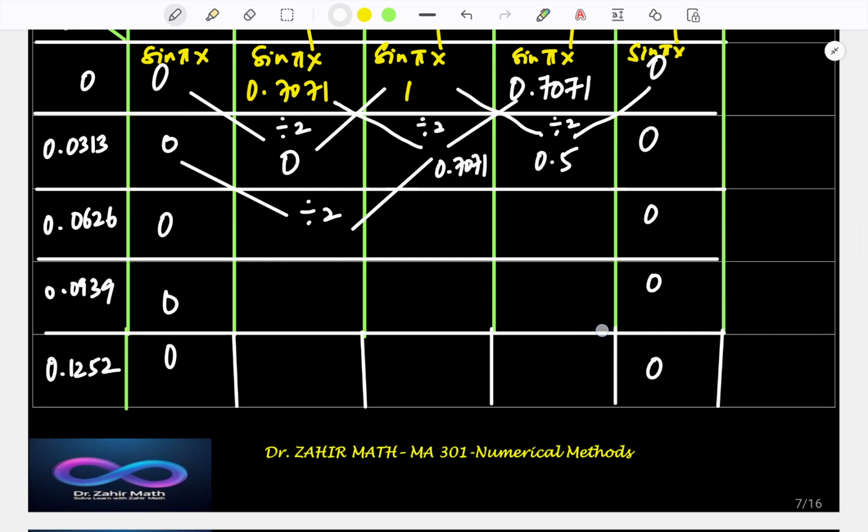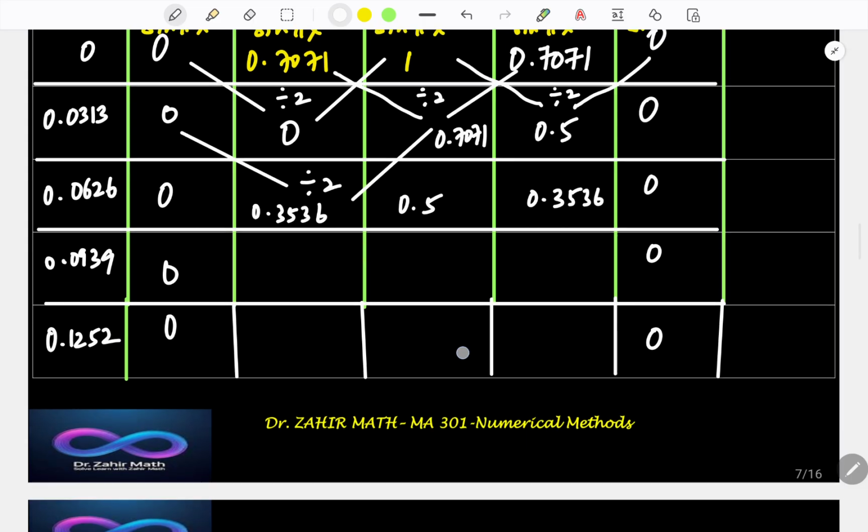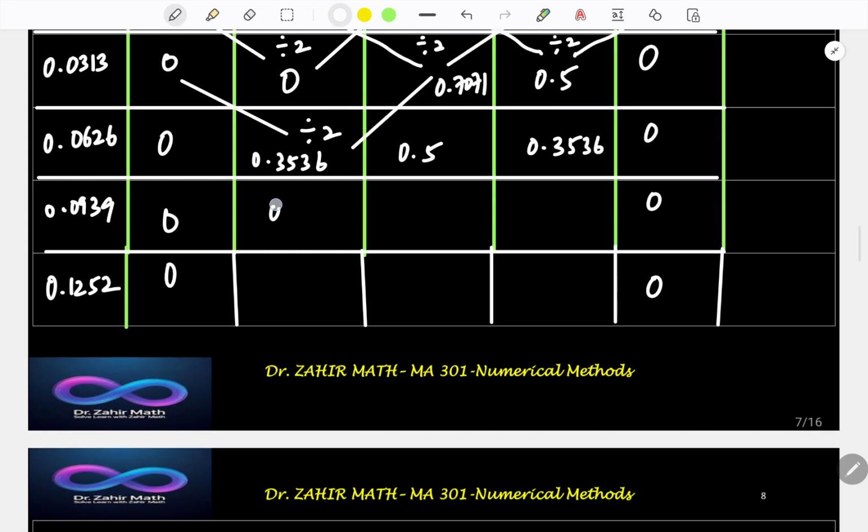Right. So for the next one, you will get 0.7071 divide by 2, 0.3536, 0.5 and 0.3536. So it will be 0.25 because this one and this one divide by 2. And this is 0.3536 and 0.25.